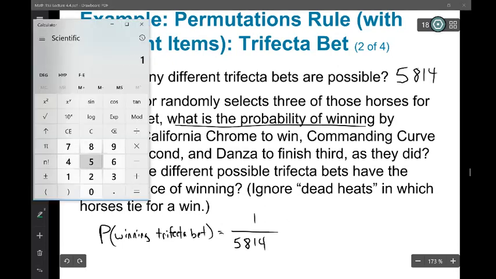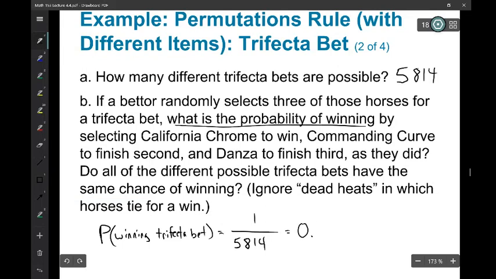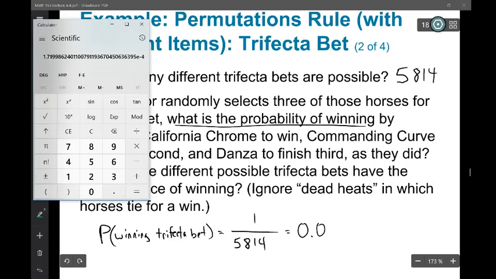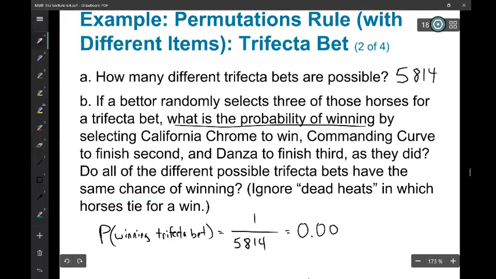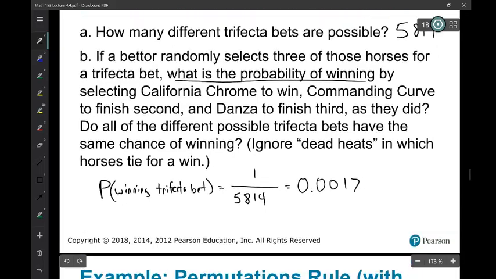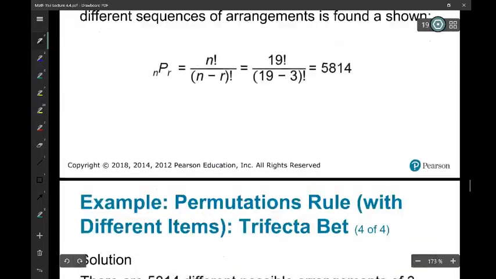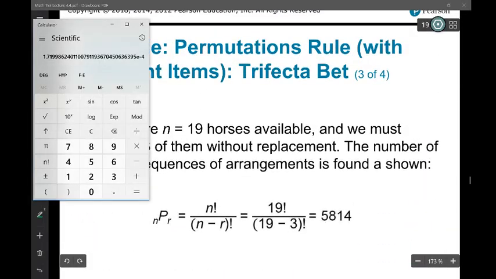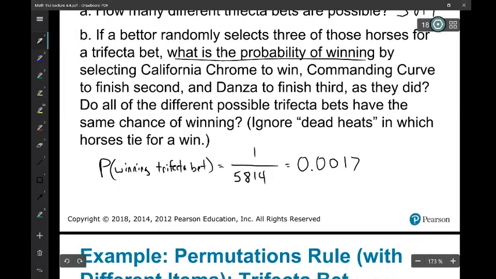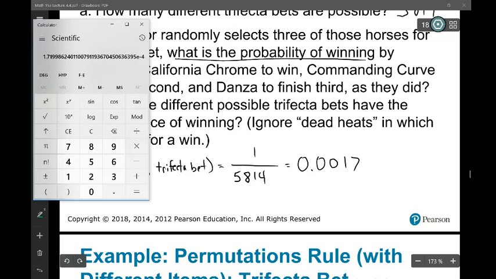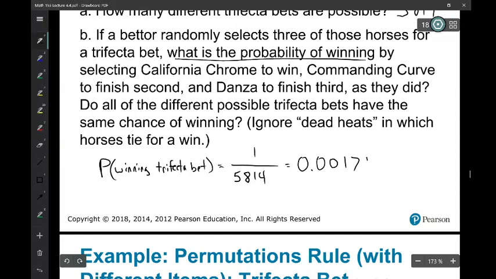So 1 divided by 5,814 is 0.0017. No, actually the decimal's there.